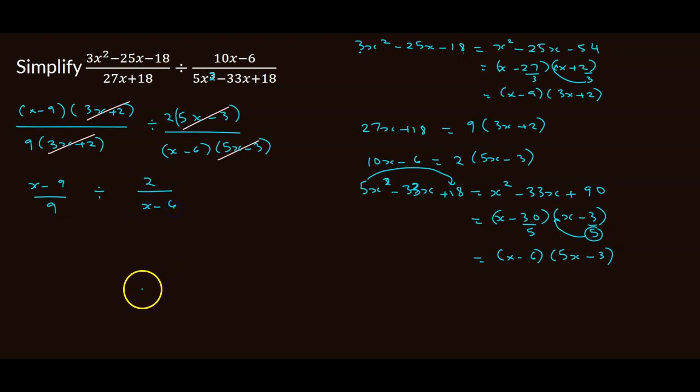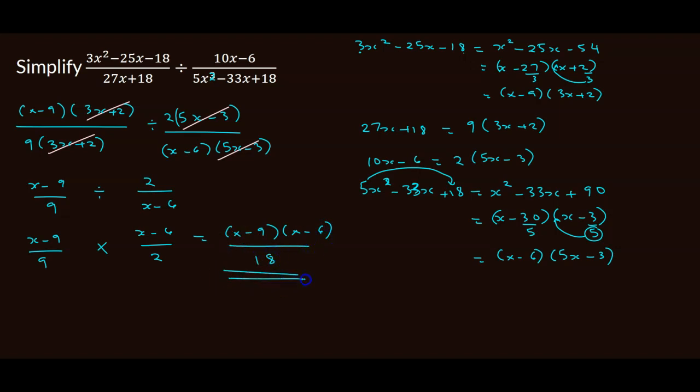So now we're going to change this to a multiplication. So this is going to be x minus 9 over 9 multiplied by x minus 6 over 2. So this is going to end up becoming x minus 9 multiplied by x minus 6 over 18. So this is going to be the solution to this specific problem.